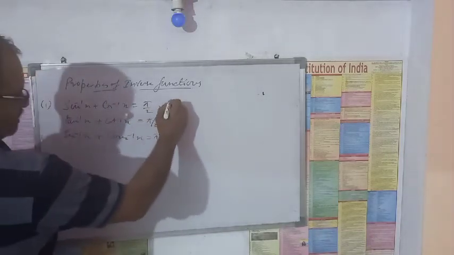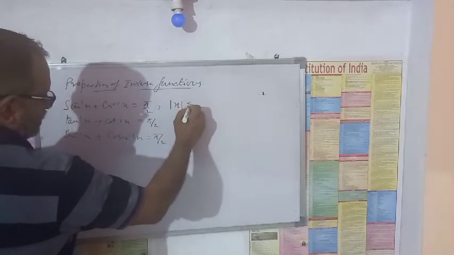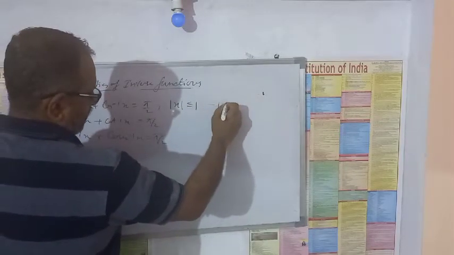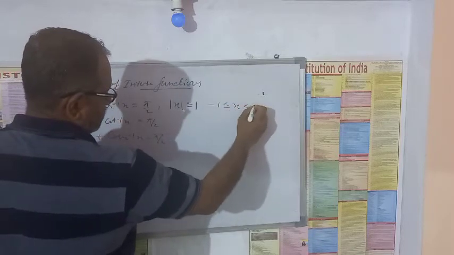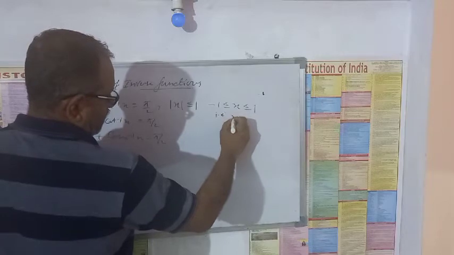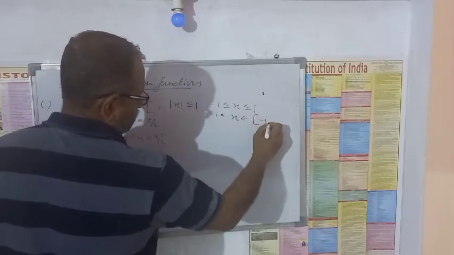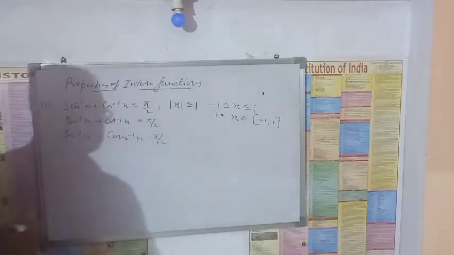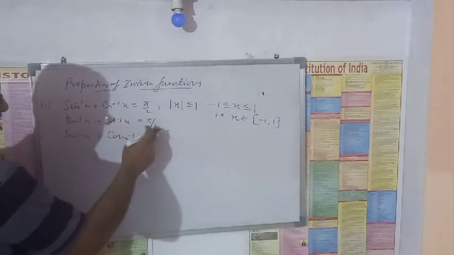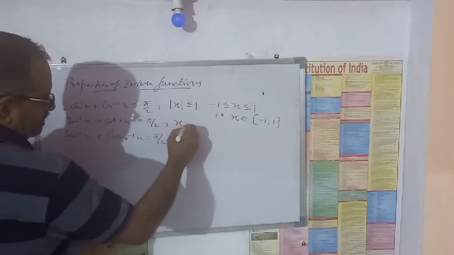In this case, mod of x less or equal to 1 means minus 1 less or equal to x less or equal to 1. That is, x belongs to this closed interval minus 1 to 1. Tan inverse x plus cot inverse x is pi by 2.